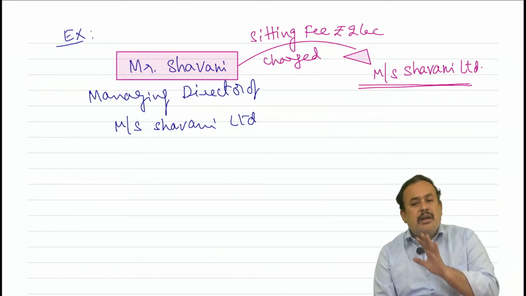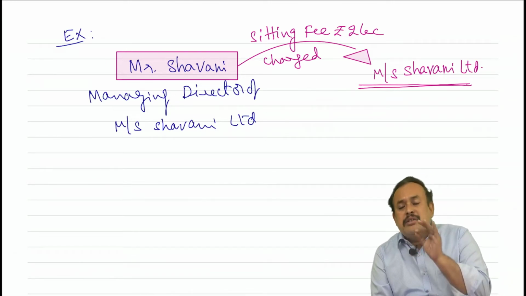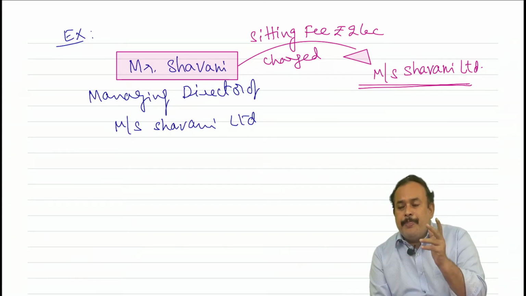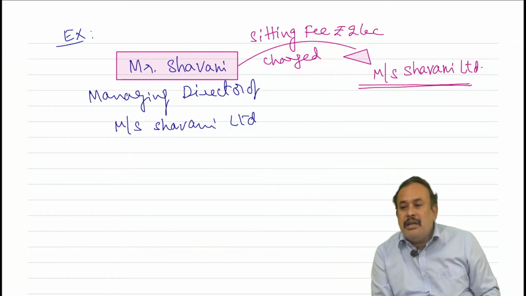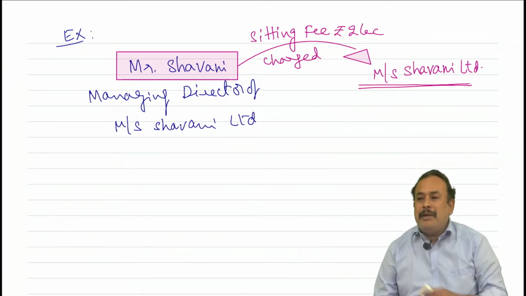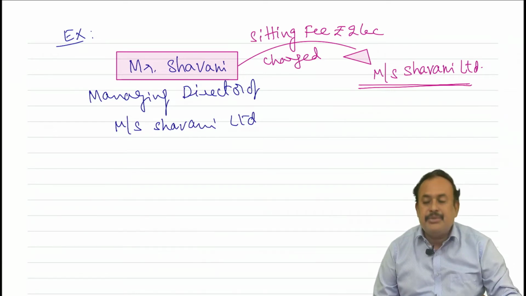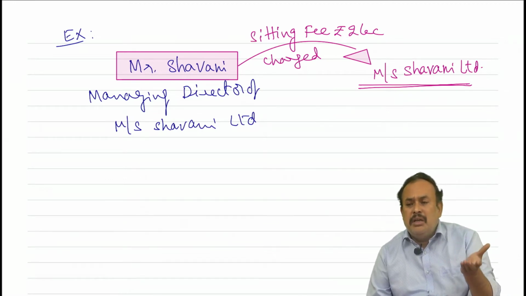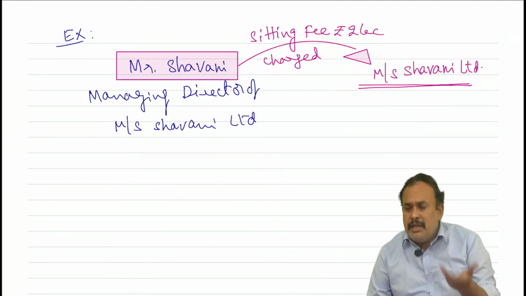Sitting fees are not going to be covered under section 192 to raise the TDS, not in the course of employment. Are you getting my point, sir? In that case, it is section 194J as a profession.